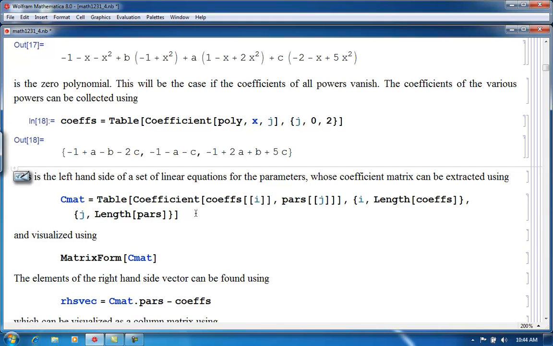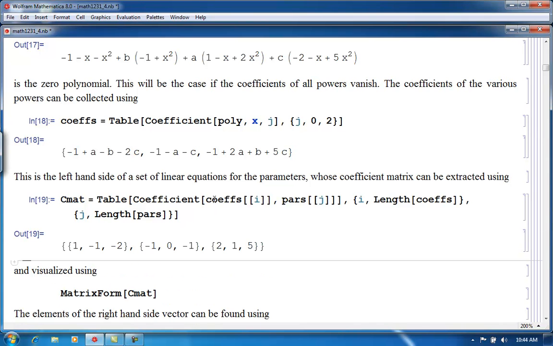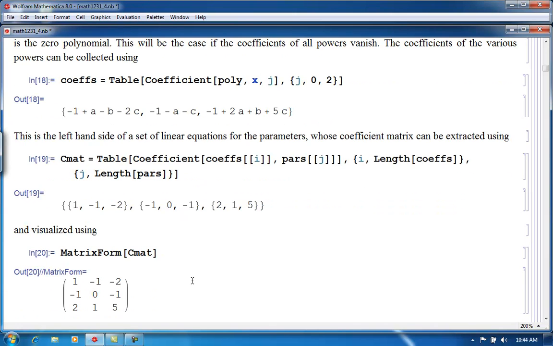So for these linear equations, we want to find the coefficient matrix. To do that, we find the coefficient of the jth variable, or the first variable a, in the first equation, and so on. Again, we use this coefficient function, and we'll get this collection of coefficients, and then we can express that in matrix form using this.